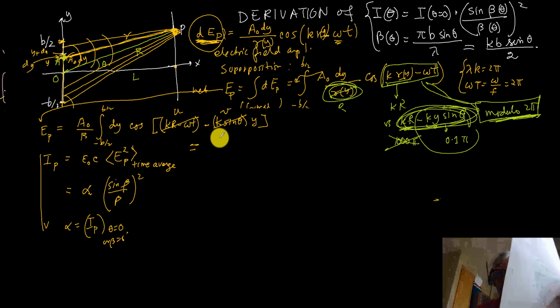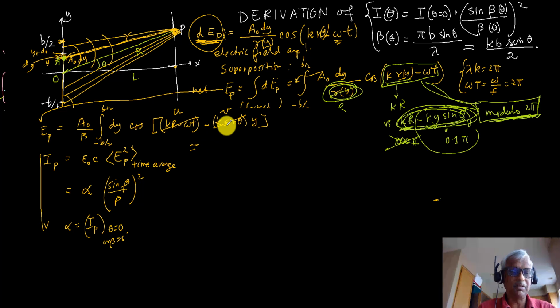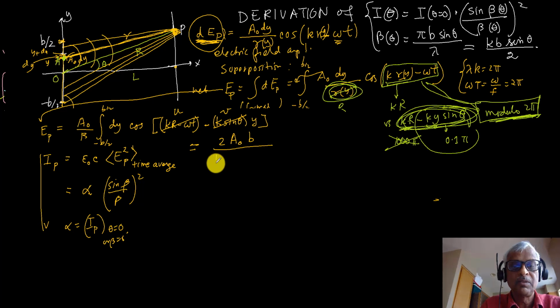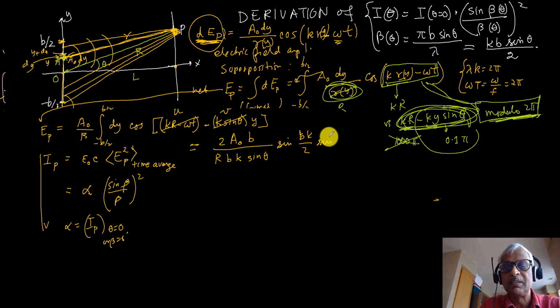I worked this out here, and I'm just going to write the answer that I got: 2 times a0 b over r b k sine theta. So when you change the variable, you get sine of bk over 2 sine theta, and then cosine kr minus omega t. So when you work this out, you get this.